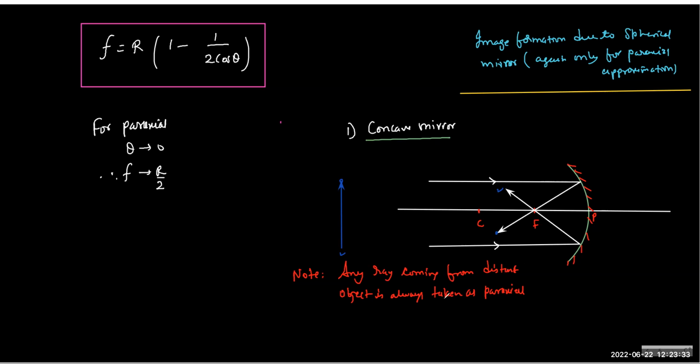So this is the first part. Of course, if you want to explain, you can explain in your own words. Should I explain here? Real, inverted, highly diminished, at F. Okay.